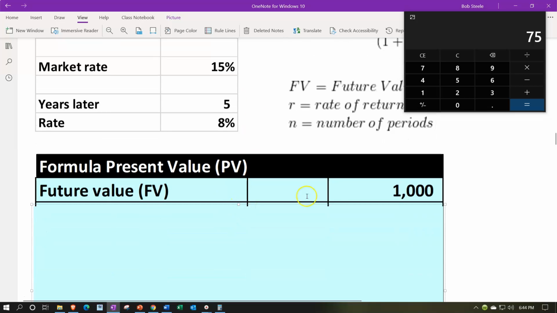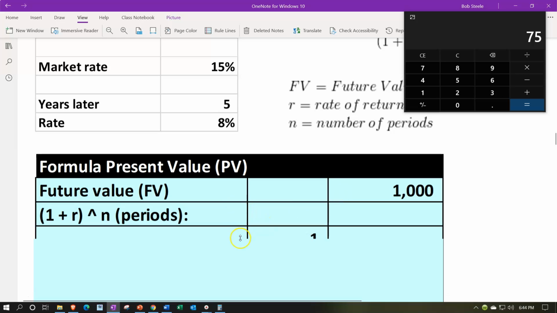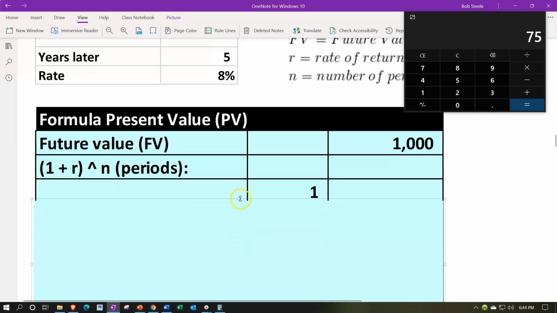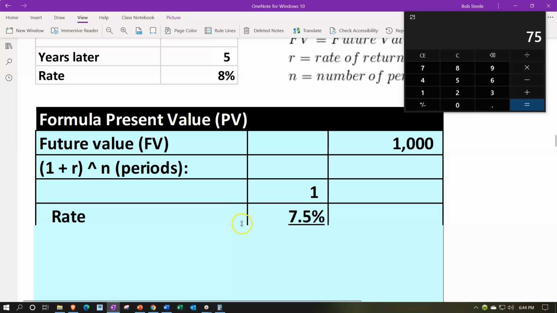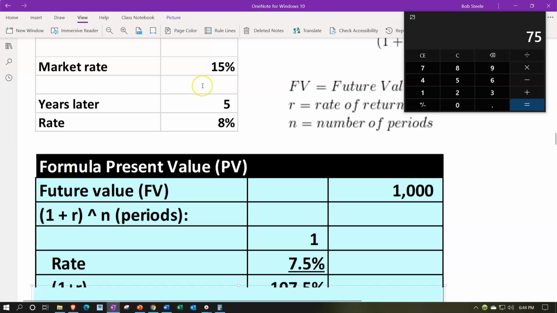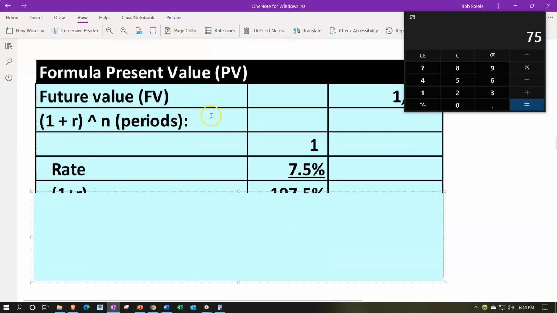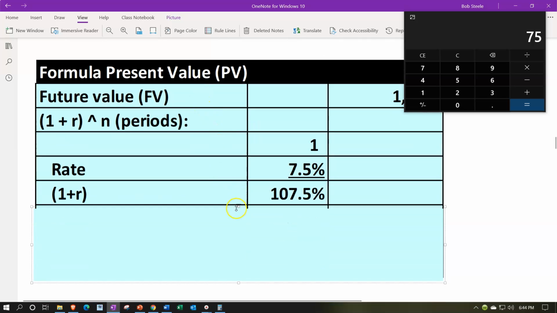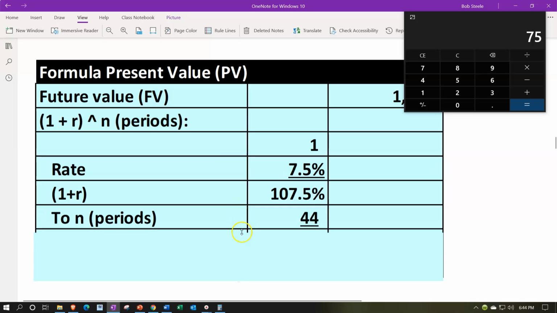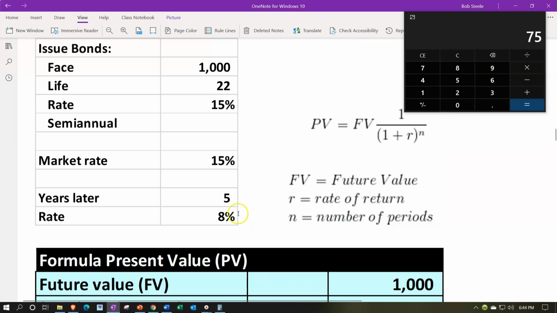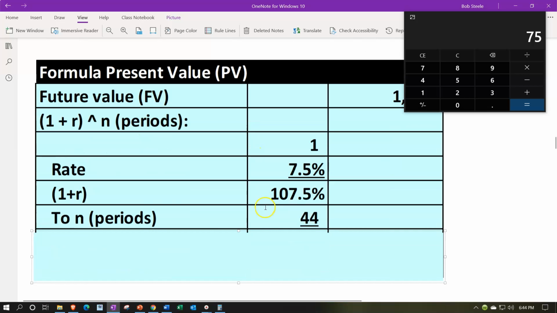Putting that into our table, we've got the 1,000 in the outer column, the numerator, the denominator then being 1 plus r to the n, which we're pulling to the inside. 1 plus r then being the 15% market rate divided by 2, giving us the 7.5%, or 1 plus 7.5% would give us the 107.5%, taking that to the number of periods, which would be 22 if annual payments, but 44 because semi-annual, 6-month periods.